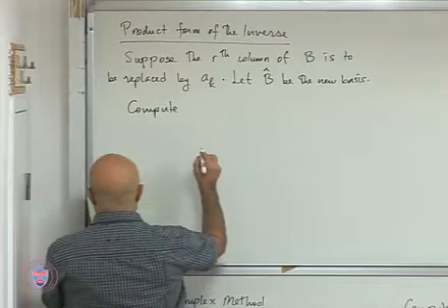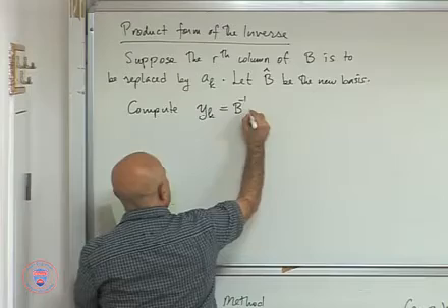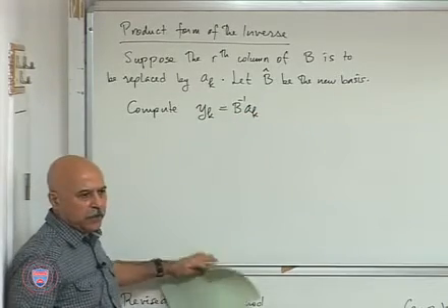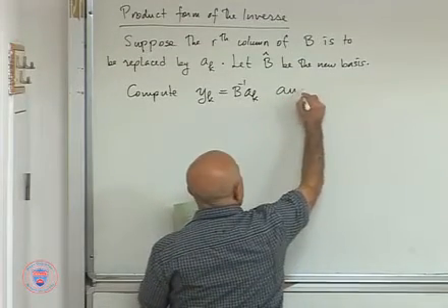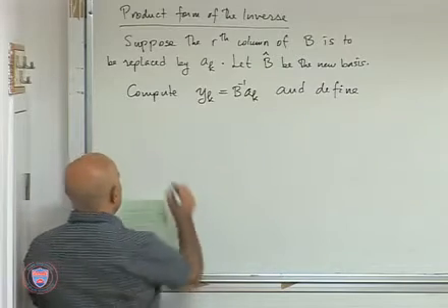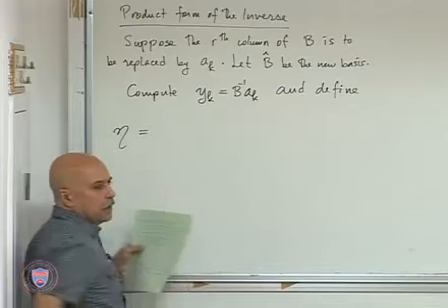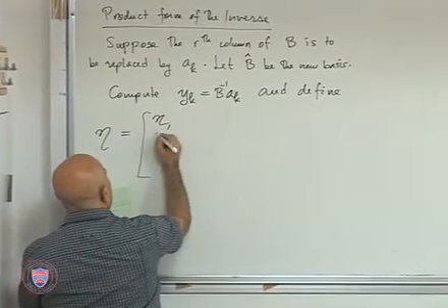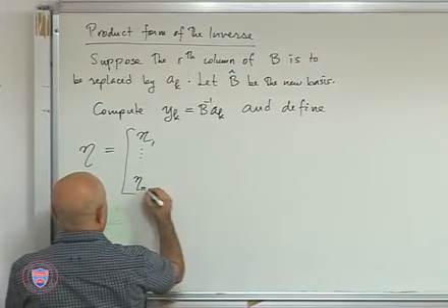First compute the usual Yk column, which is the current inverse times Ak. Of course, we assume the current inverse is already available. And then we define an elementary vector eta. Eta has elements eta 1 up to eta m, sorry.